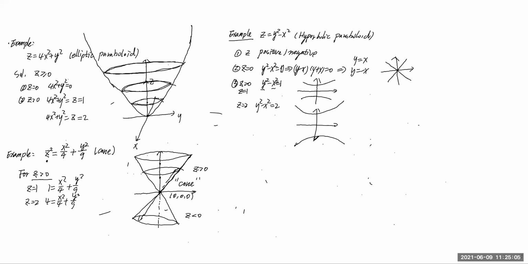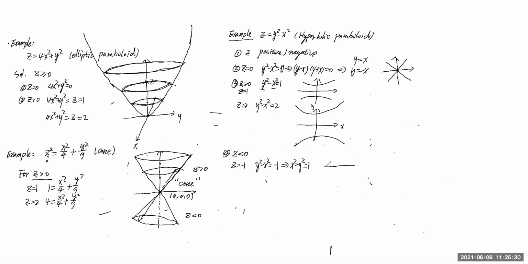So here, and then let's look at z less than 0. For example, when z is -1, this is x, this is y. Y squared minus x squared is -1. So this is x squared minus y squared is 1.